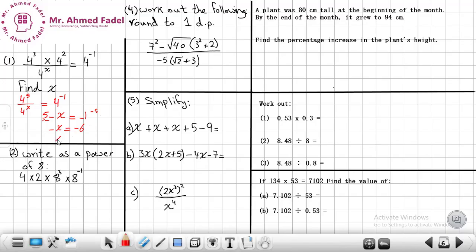So negative x is negative 6, which means x is 6. That's it. x is 6. And yes, 5 minus 6 is going to give you negative 1.